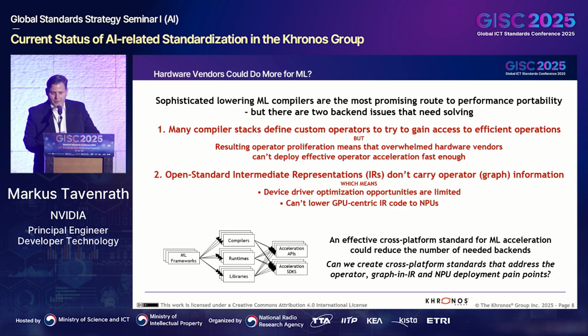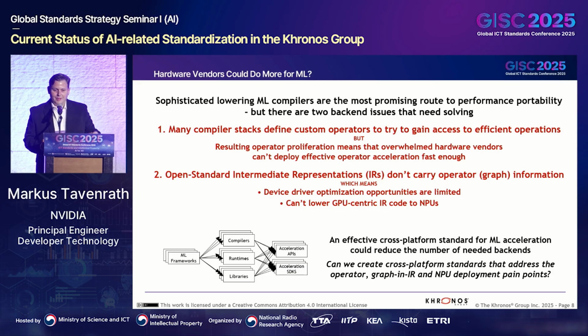And the other problem is that the current open standard intermediate representations, at least those for compute, don't carry operator graph information. If you are in compute, the IR contains information for a single compute kernel and maybe a few functions which can be called. But the driver does not have information that this operator or this kernel is dependent on another kernel or operator.